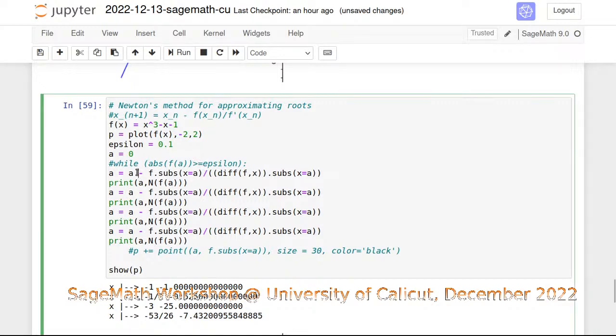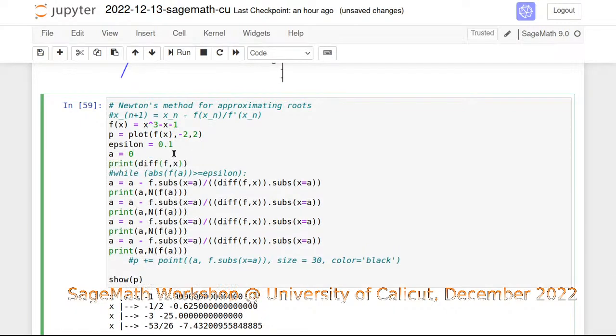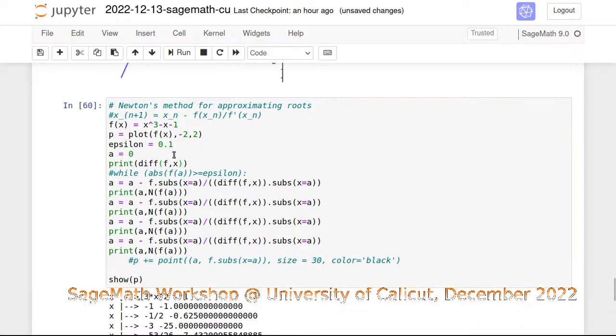This is xn plus 1 equal to xn minus f of xn by f dash xn. What is the problem here? Okay, let's see once. What is the derivative of f? 3x square minus 1.